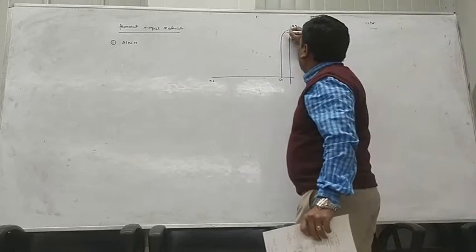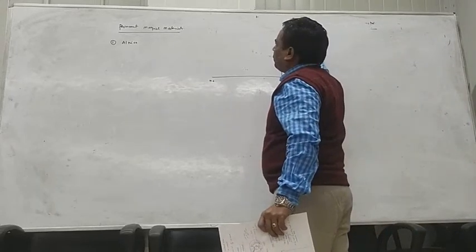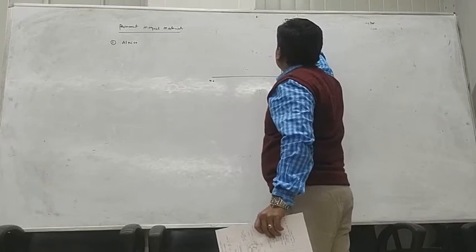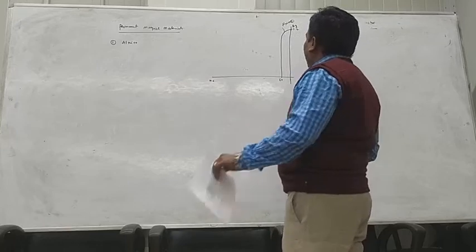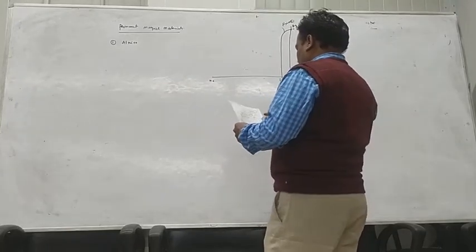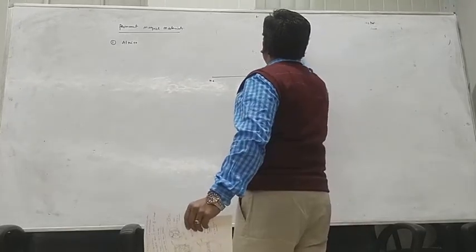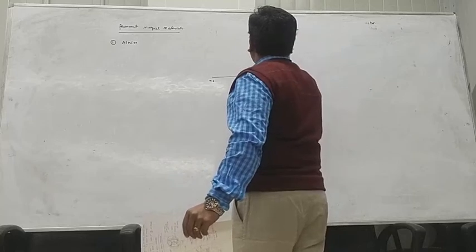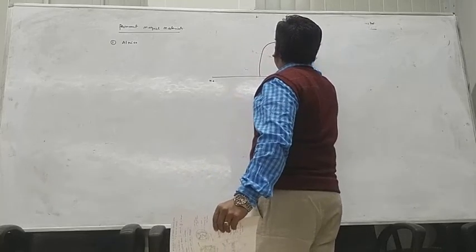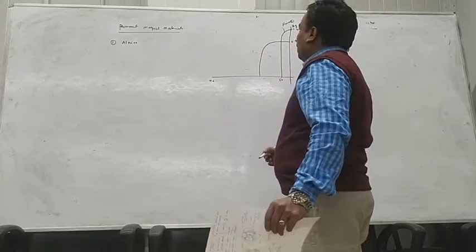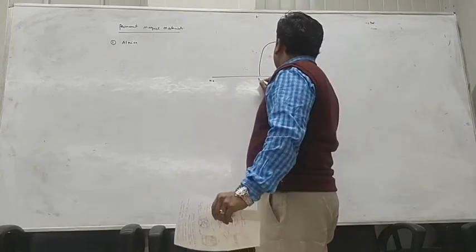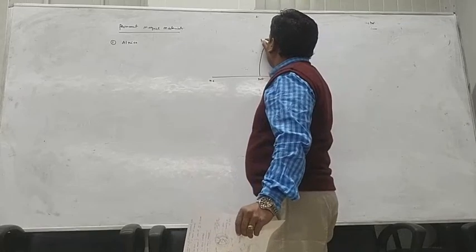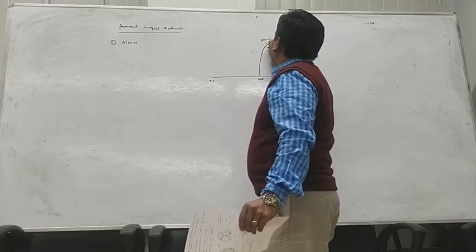So this is Alnico 5. If it is Alnico 8, so for this Alnico 8, this is the Br value and the Hc value is 140. So this is Alnico 8.